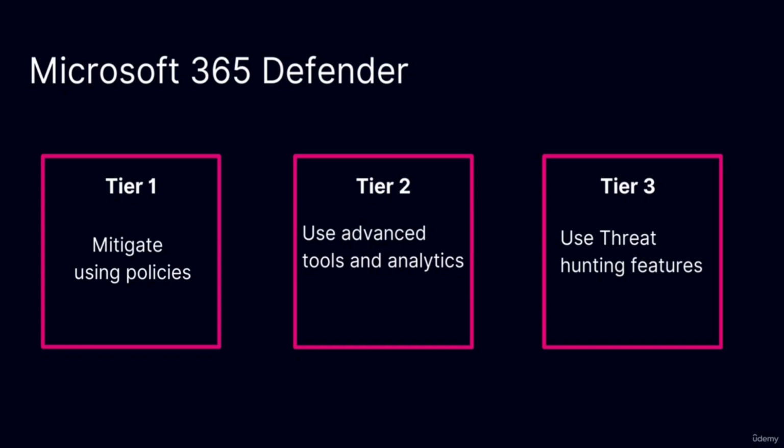For tier 2, you can use some advanced tools and analytics. And for tier 3, you can have the threat hunting features. We will talk more about that to basically proactively hunt for threats within the environment or external environment that is interacting with your environment.